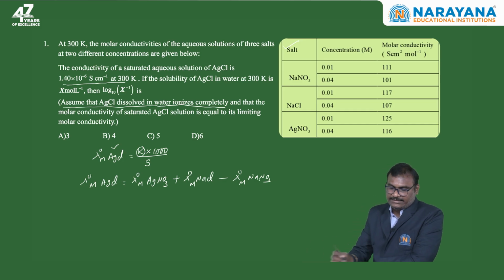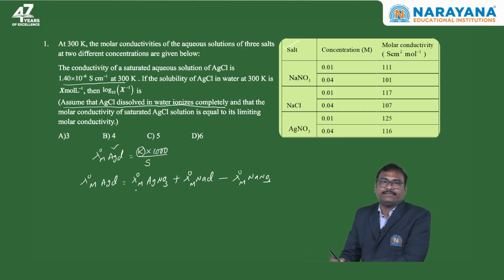You will get lambda naught m of AgCl. To calculate the limiting molar conductivity of AgCl, which is nothing but the molar conductivity of saturated AgCl according to the given, we just apply Kohlrausch law to know the value.